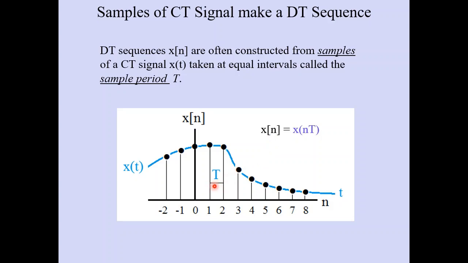And notice, the spacing in time between two samples is called the sample period. We'll use this from time to time to make a connection between a continuous time signal and a discrete time sequence.